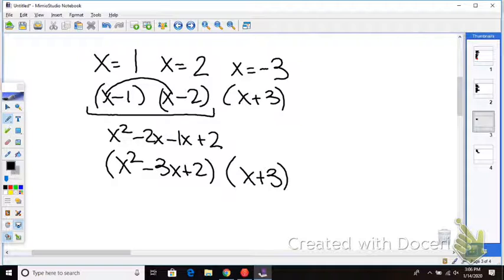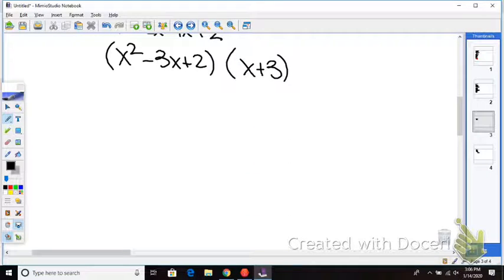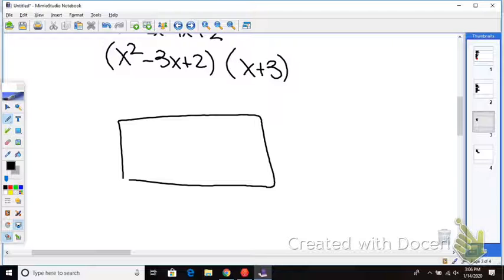The last one was a binomial. It only had 2 terms. This one has 3 terms. When you're having to multiply and you have 3 terms, you can't FOIL because you have a middle. You can't do first, outer, inner, last because you have a middle. But what I always do, you can double distribute, but it's easy to make a mistake. So I always go back to the box method when I have 3 terms.